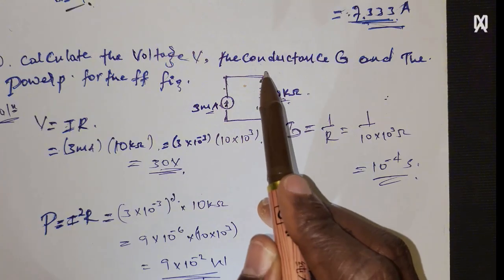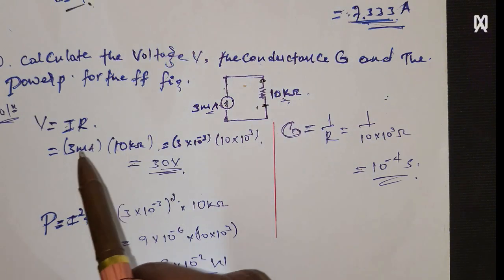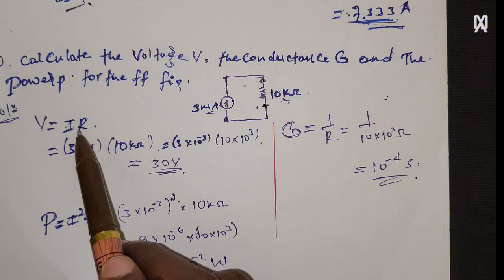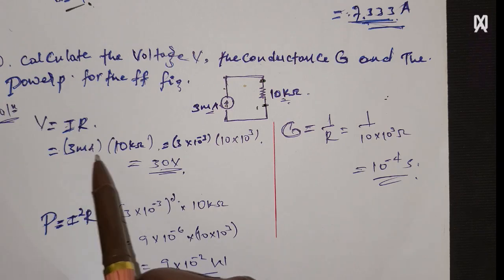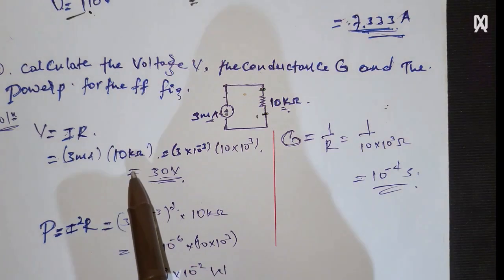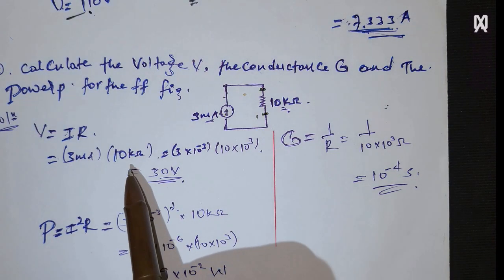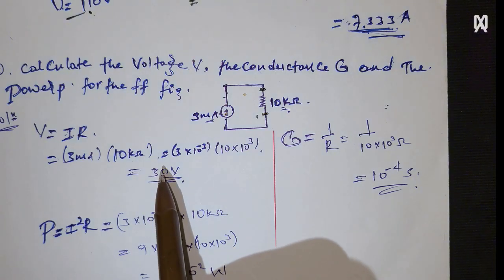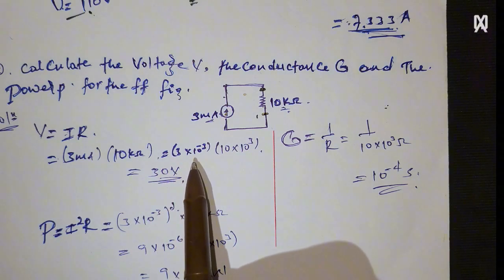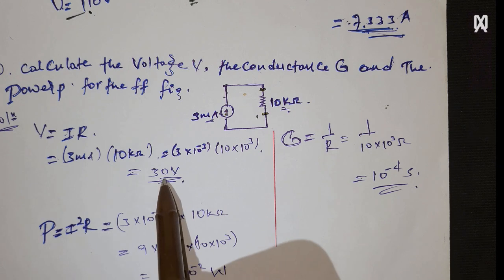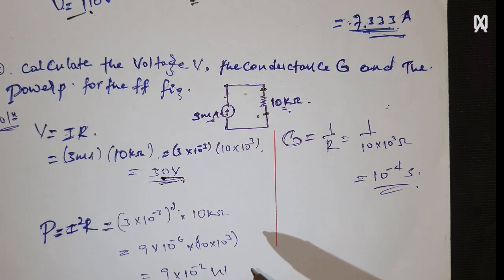The voltage is calculated by multiplying the current times the resistance. The current is 3 milliampere and the resistance is 10 kilo ohm. Multiplying these gives us 30 volt.